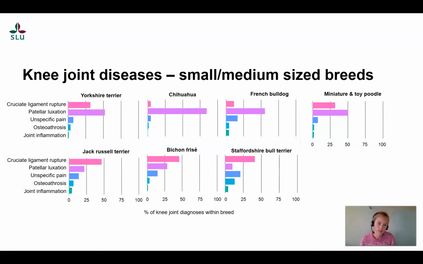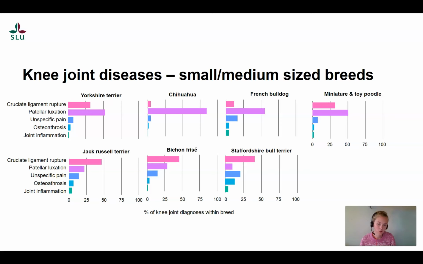We will now look at some other common breeds, but small or medium-sized breeds. In the top row you can see Yorkshire Terrier, Chihuahua, French Bulldog, and miniature and toy poodles. And here patellar luxation was much more common. You can see that the purple bar is much higher in these breeds. So it looks a bit different compared to the larger breeds.